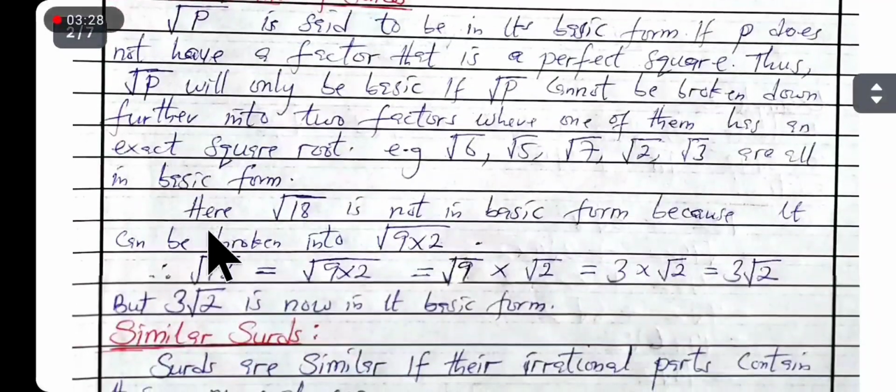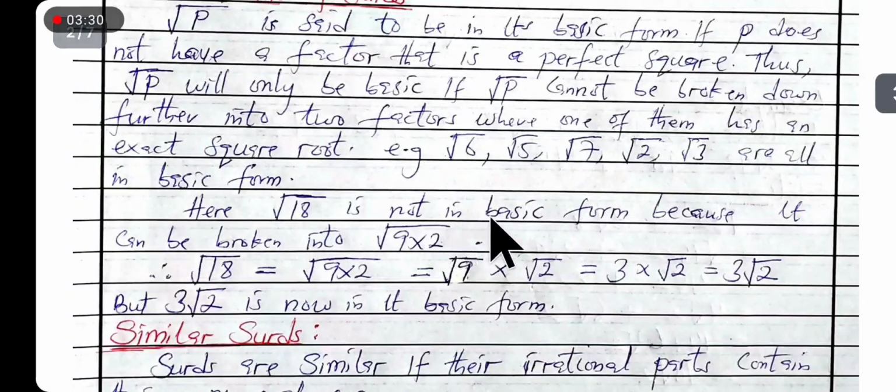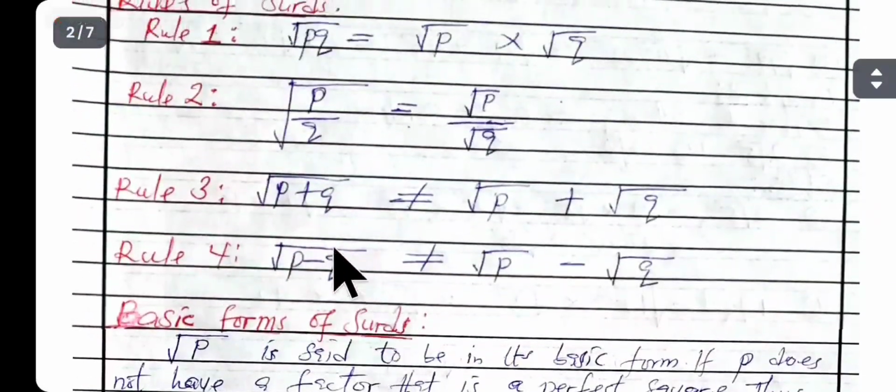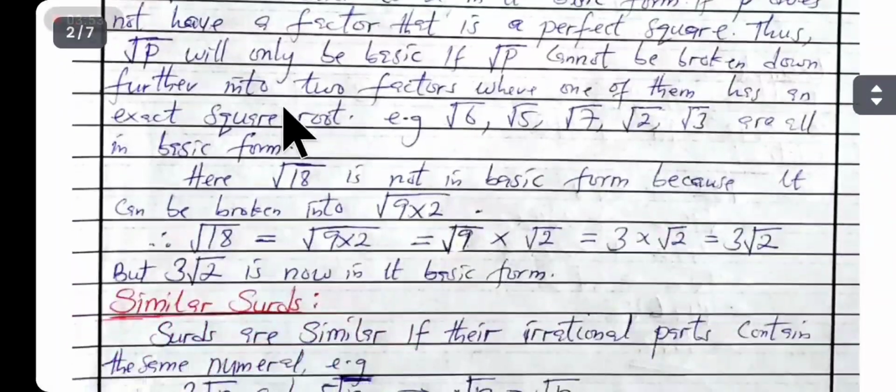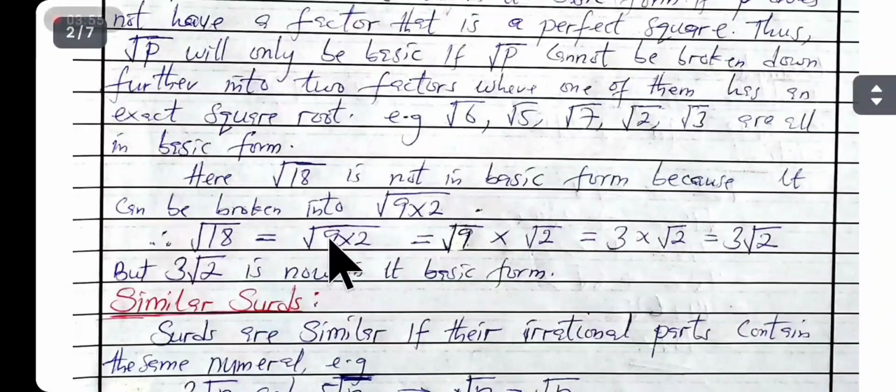Now, root 18 is not in basic form because it can be broken into root of 9 times 2. Therefore, root 18 is equal to root of 9 times 2, and applying the first rule, you can split the square root.